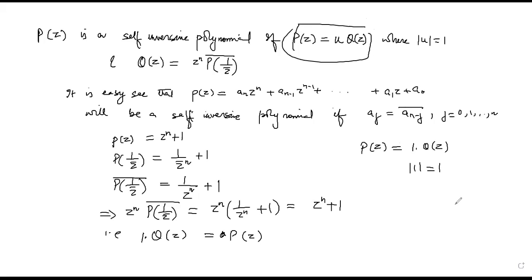Look at this. Okay, इसी तरह से एक और simple example हो सकती है. Say p of z is equal to z raised power n minus 1. Now again, what would be p of 1 by z bar? It will be 1 by z bar raised to power n minus 1. And of course, if you take the whole bar, what would be this?